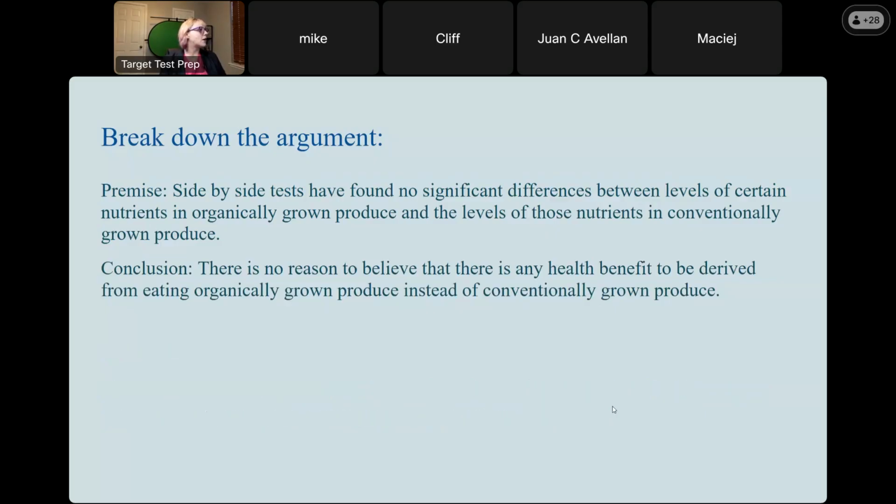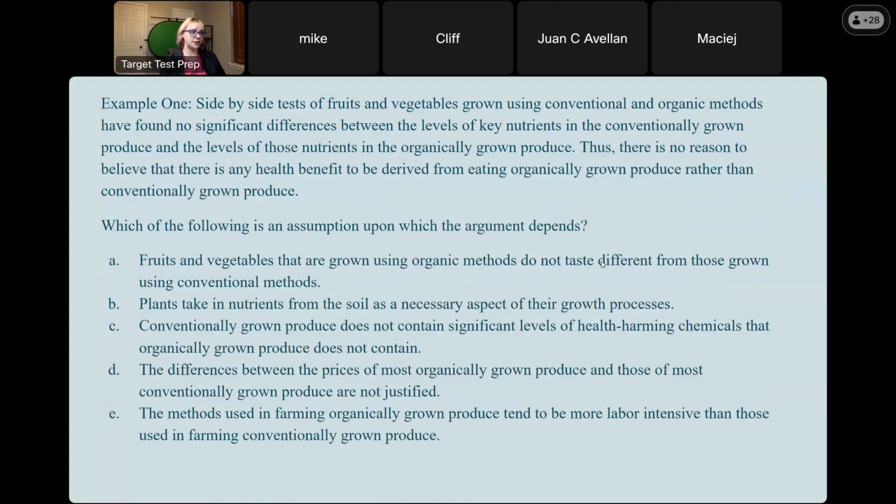But on this, it's pretty easy to work through. This is a pretty simple problem, but I would just say always have a reason for removing answers, just as they get harder. That's very helpful. So this one is about the taste is different, but we don't care about that. We're not concerned with flavor.